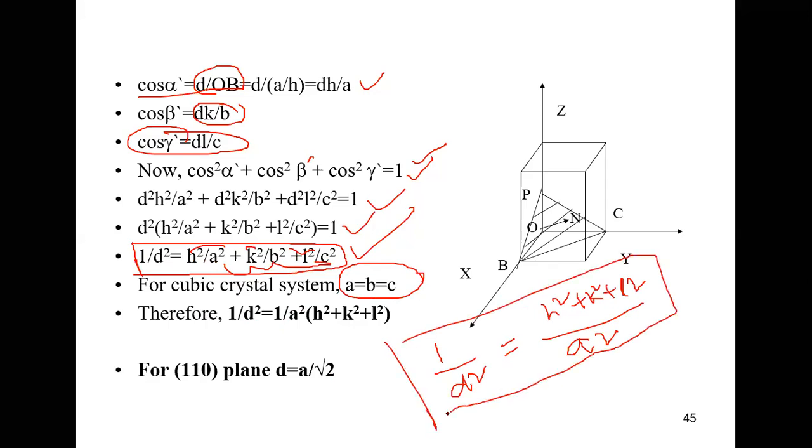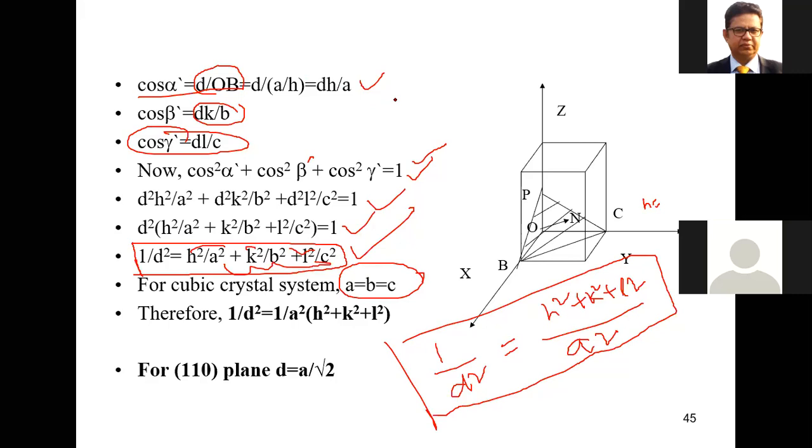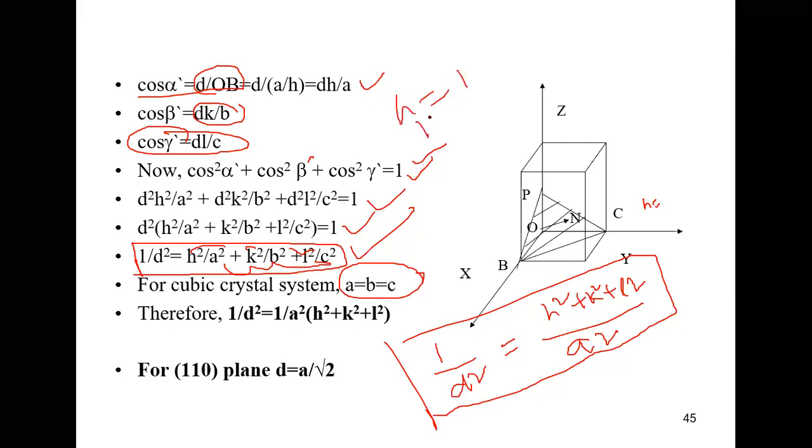And for the plane that we have considered earlier, for this plane HKL, H equal to 1, K equal to 1, L equal to 0. If you substitute, it will be 1 square plus 1 square plus 0.